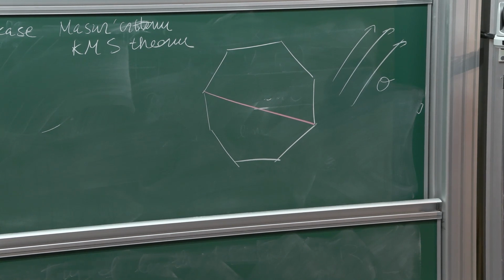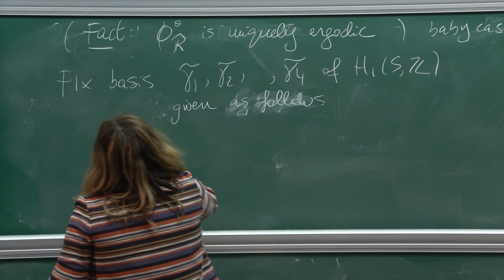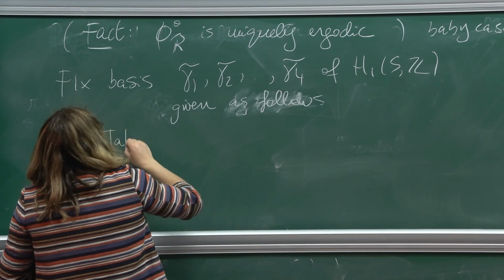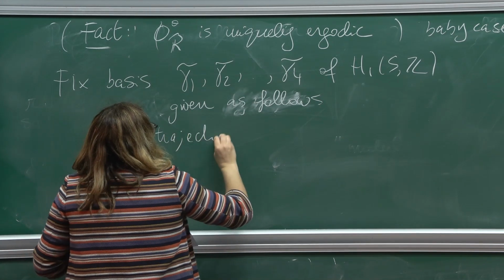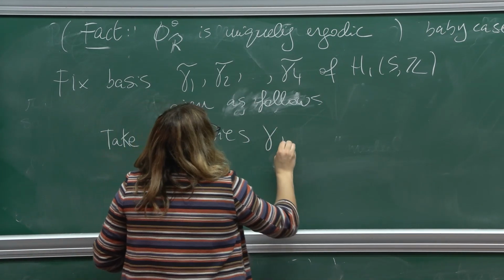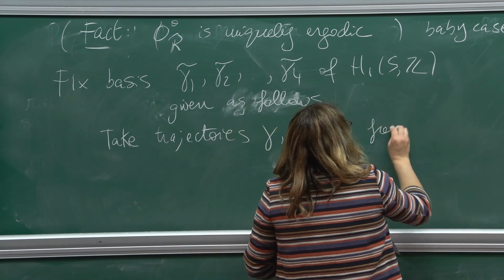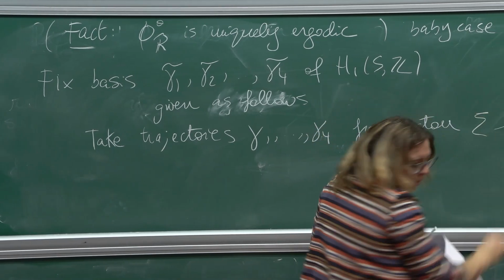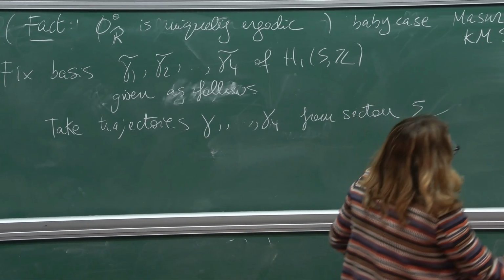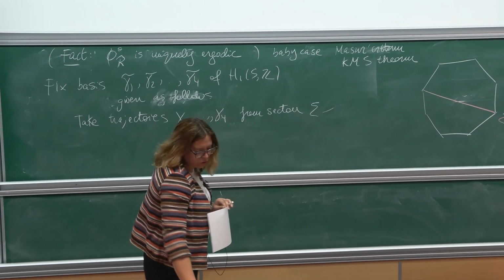Let me call it sigma. It's a diagonal, just any diagonal which is not in the flow direction.